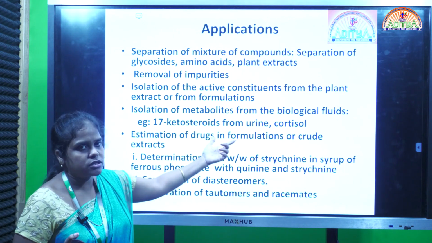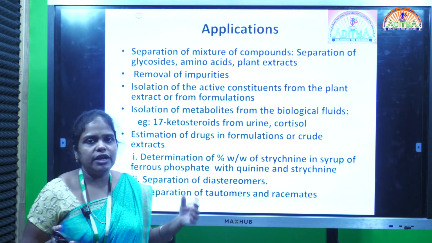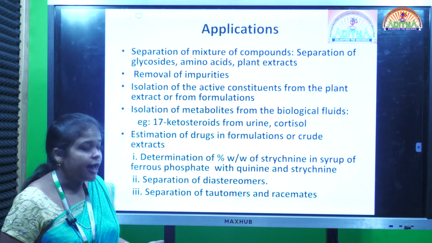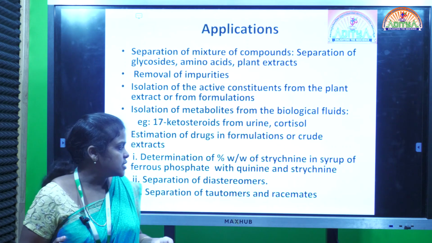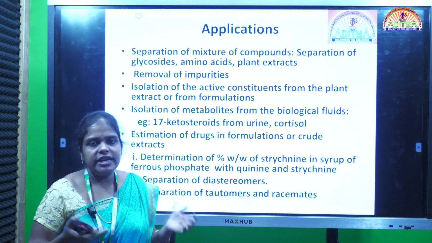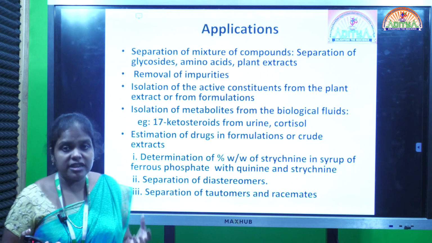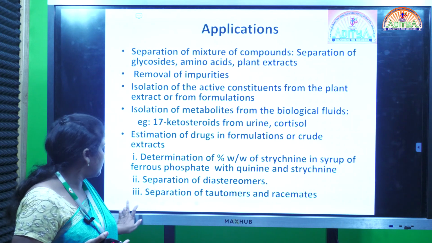How to separate those steroids and cortisols in the urine sample? You can use this column chromatography. And also for the separation of different types of drugs, and also for the separation of enantiomers, diastereomers, that means levorotatory, dextrorotatory, all those things, tautomers, and racemic mixtures, you can separate by using this column chromatography.